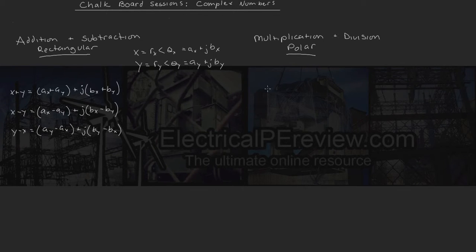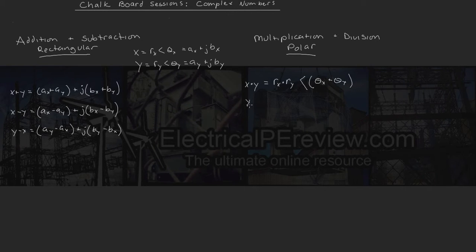Now let's look at multiplication and division. X times y is the same thing as multiplying our two magnitudes, which is Rx times Ry, at an angle of, here we're going to add our two angles, theta x plus theta y.